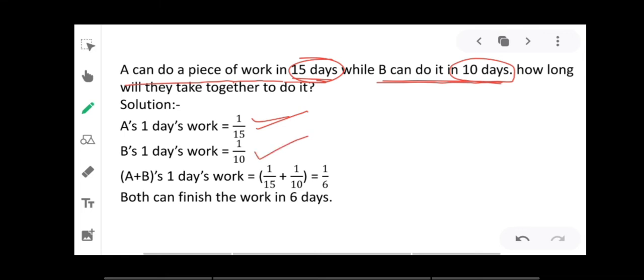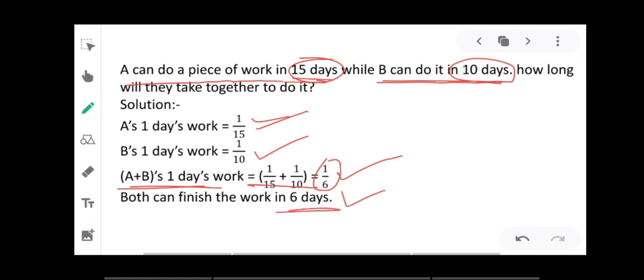So A and B's 1 day work will be 1 by 15 plus 1 by 10, that is 1 upon 6. So if their 1 day work equals 1 upon 6, then they can finish the work in 6 days.